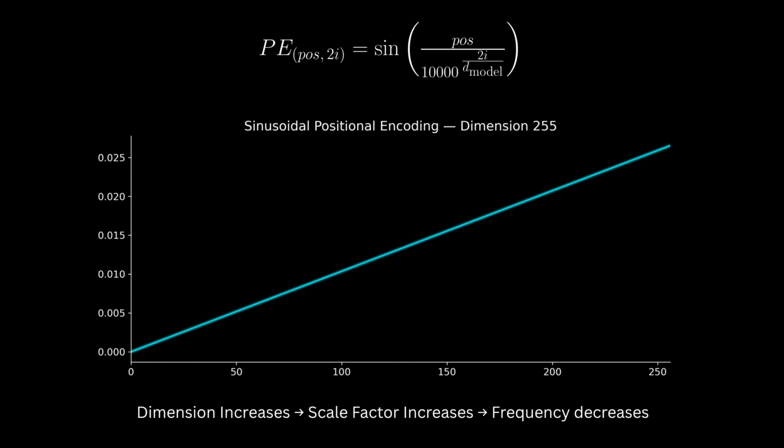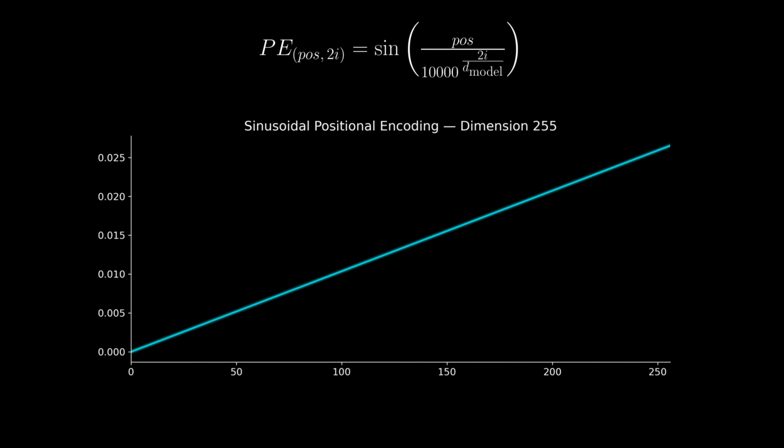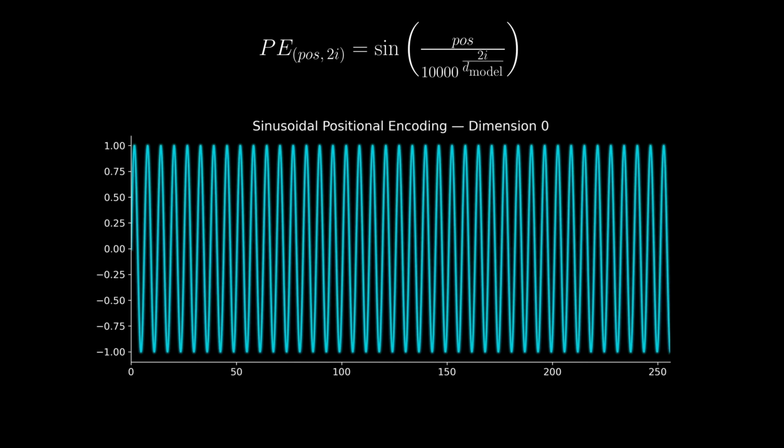Now think in terms of how sensitive these waves are to changes in position. In the early dimensions, where frequency is high, even a very small change in position, like going from k to k plus 5, produces very different sine values. So these dimensions can encode fine-grained local positional differences.